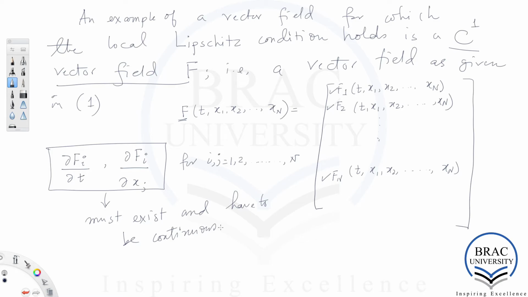Only then we say that the underlying vector field is a C1 vector field. I'm not going into the detail of this analysis. An example of a locally Lipschitz continuous vector field is a C1 vector field F. So now we know what it means by a C1 vector field, and we also know what it means by a locally Lipschitz continuous vector field. A C1 vector field is an example of a locally Lipschitz continuous vector field. Good.